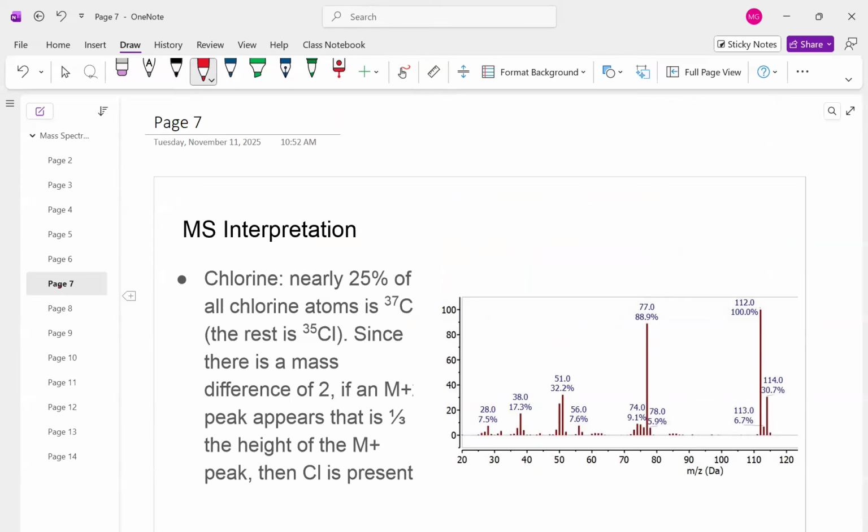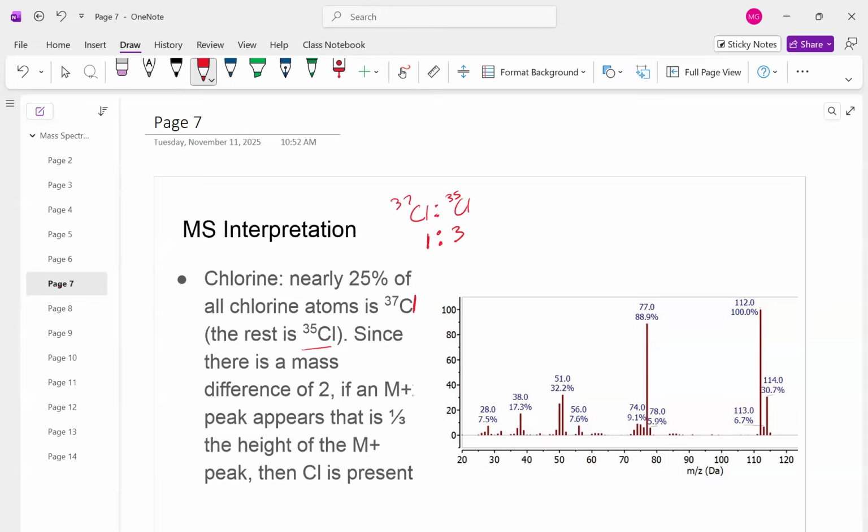Nearly 25% of all chlorine atoms are chlorine 37, and the rest is chlorine 35. So the ratio of chlorine 37 to chlorine 35 is 1 to 3.